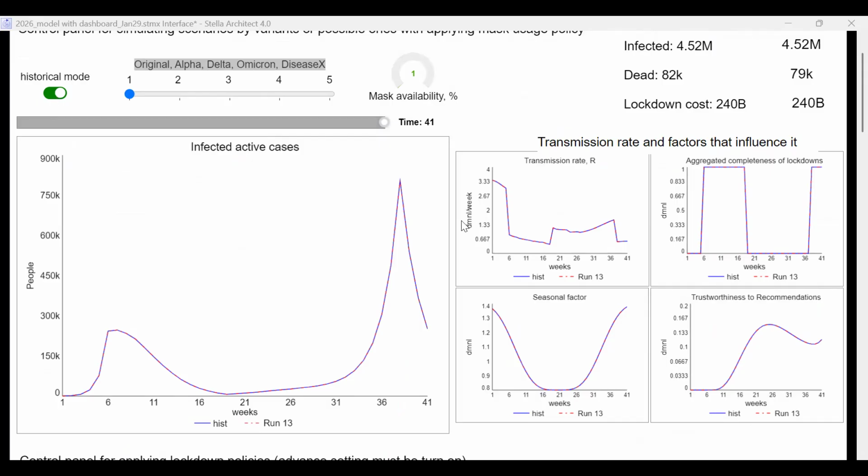And when we disable the historical mode, we now have a new red chart, which is different to what happened in real life, because we stepped into unknown. We are now simulating, we are changing parameters of the model to the extent we like.